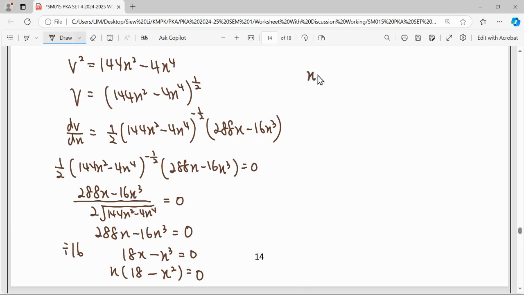So your x here is equal to 0 and x squared is equals to 18. So x will be equals to positive negative square root 18. Dia ada 3 nilai. Faham? 3 nilai critical.